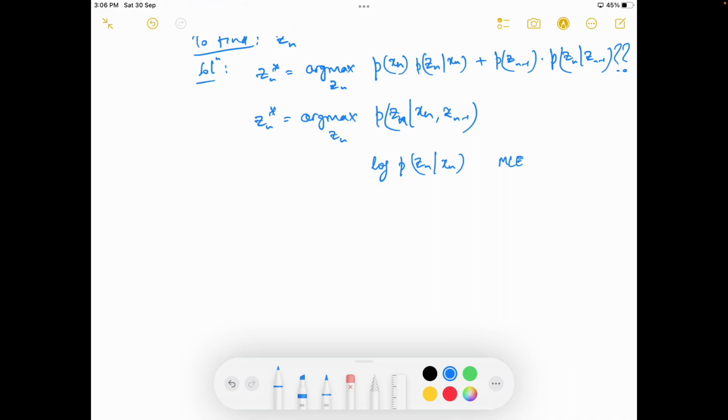But if you apply Bayes rule, you can find the expression for P of Zn given Xn, which is equal to P of Xn given Zn into P of Zn upon P of Xn. That is the Bayes rule. So you cannot say the quantity does not exist. The quantity exists, but the HMM factorizes it in a different way, and we can apply Bayes rule to compute this quantity.